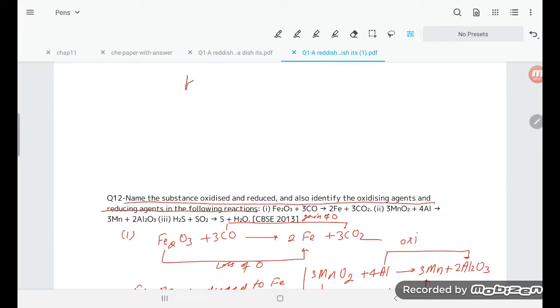H2S plus SO2 gives S plus H2O. So here sulfur to sulfur, see. Loss of hydrogen is oxidation.